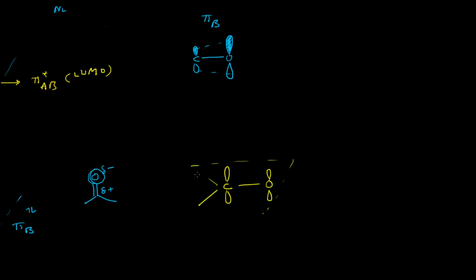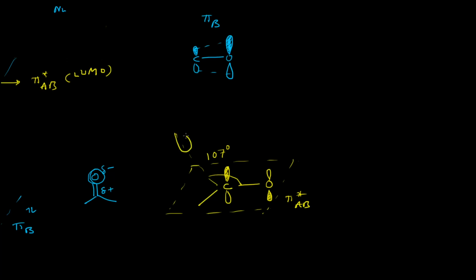This will be the molecular plane. This is the pi star antibonding orbital, and the nucleophile will prefer a 107 degree angle approach towards this carbonyl center.